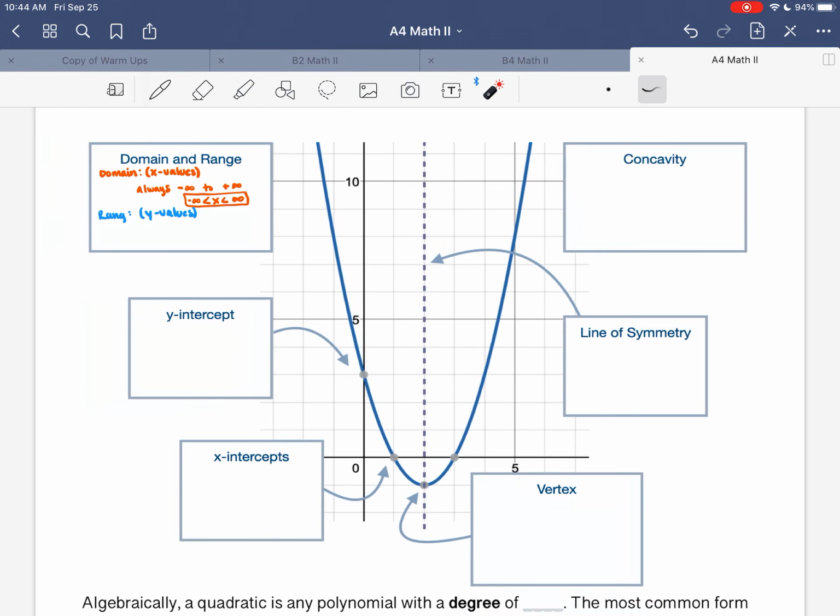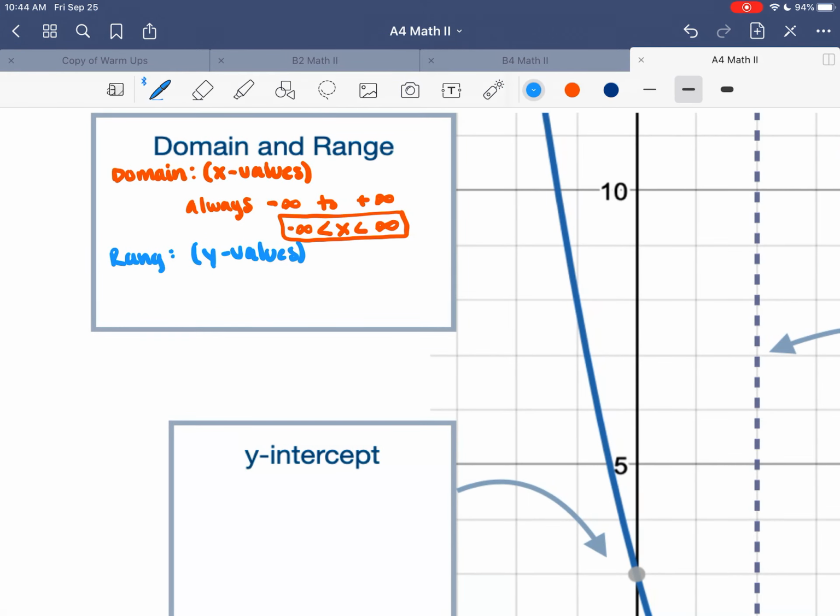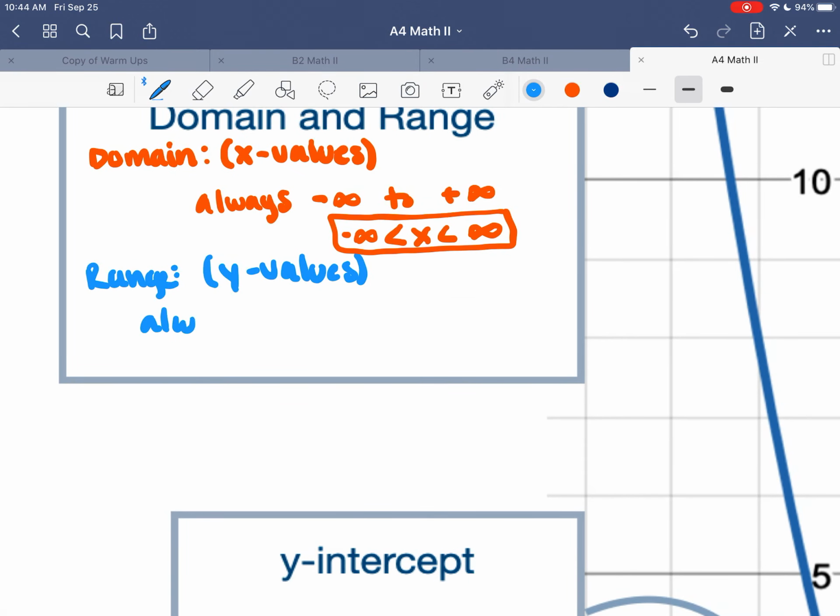The y values, on the other hand, are this direction. Notice that it will go forever in one direction, but the other one, it stops right here. There is no graph beneath this point. From this line up, there's a graph, but down, there's not. And so the range of a parabola, and I'm trying to make this more broad than just looking at this specific parabola, is always connected to its vertex.